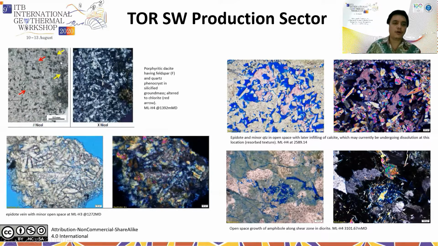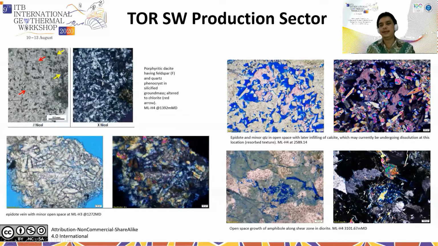Continuing to the thin section of the intercalated andesite and dacitic interval, this is a porphyritic dacite. We see it being altered with silica and chlorite. In terms of vein characteristic in the shallow part near the top of reservoir, the epidote vein is encapsulated by quartz and calcite.